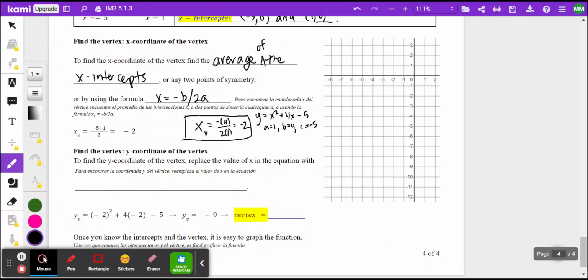Now we find the y-coordinate of the vertex. To find the y-coordinate of the vertex, we replace the x value in the equation with the value of the x-coordinate of the vertex.